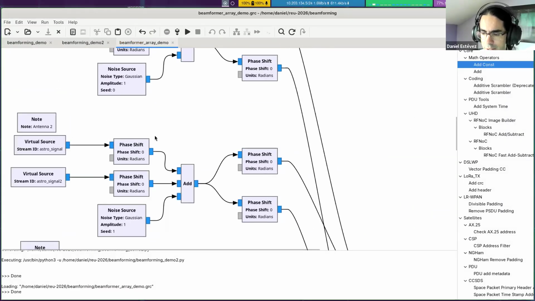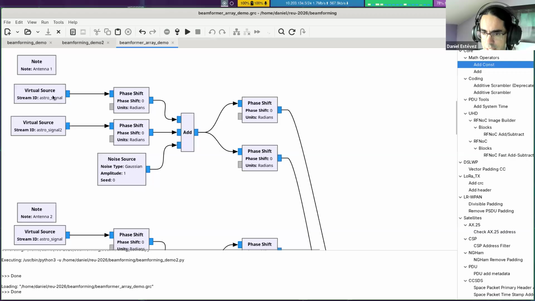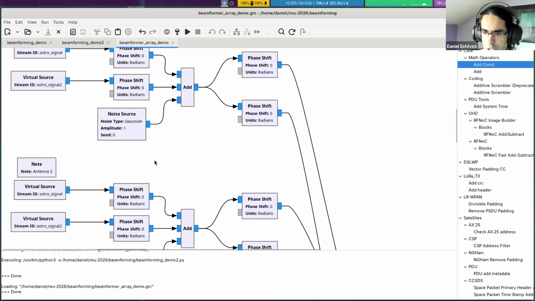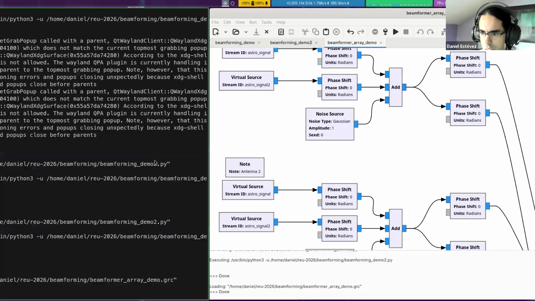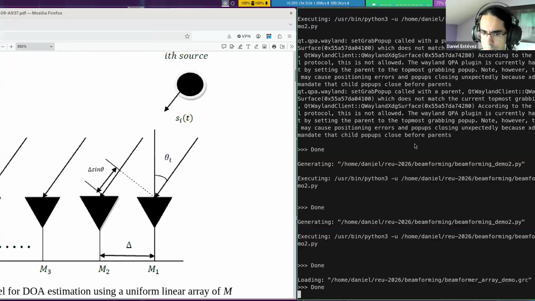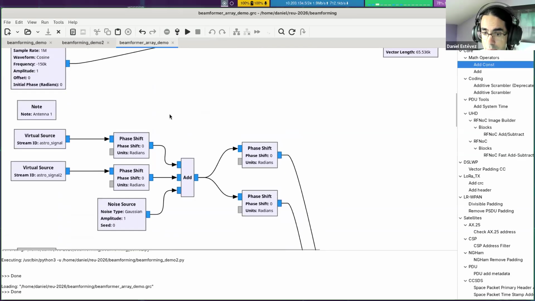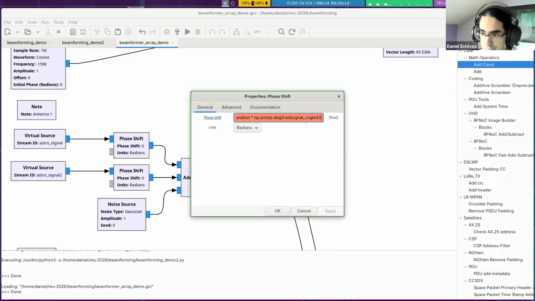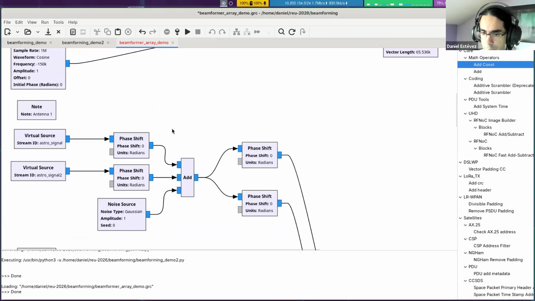I'm simulating the phase difference that happens because of the location on the sky of this astronomical source. And in this simulation, it's going to be very simple. The sky is one dimension. So it's basically like in here. We only care about this angle of arrival. The same happens for astronomical signal 2. The only difference is we have a different variable for the angle. So this is the angle of the second astronomical signal.